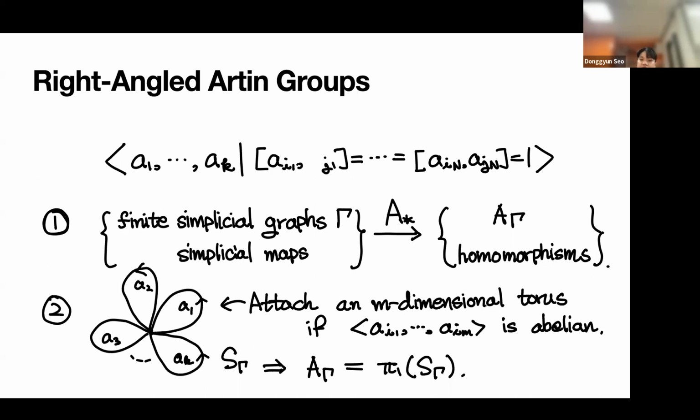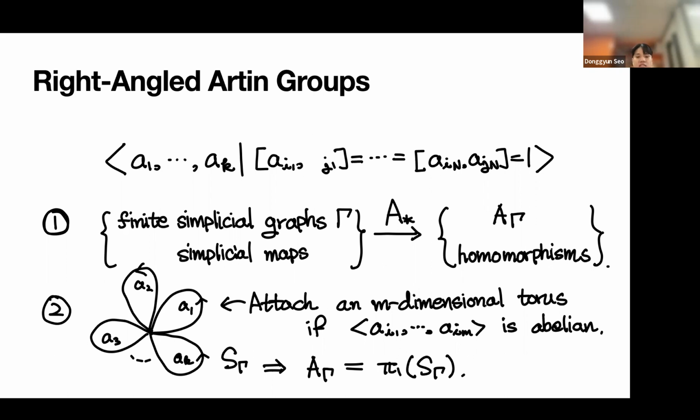The second viewpoint is much more geometric. We can think of right-angled Artin groups as the fundamental group of some cellular complex.